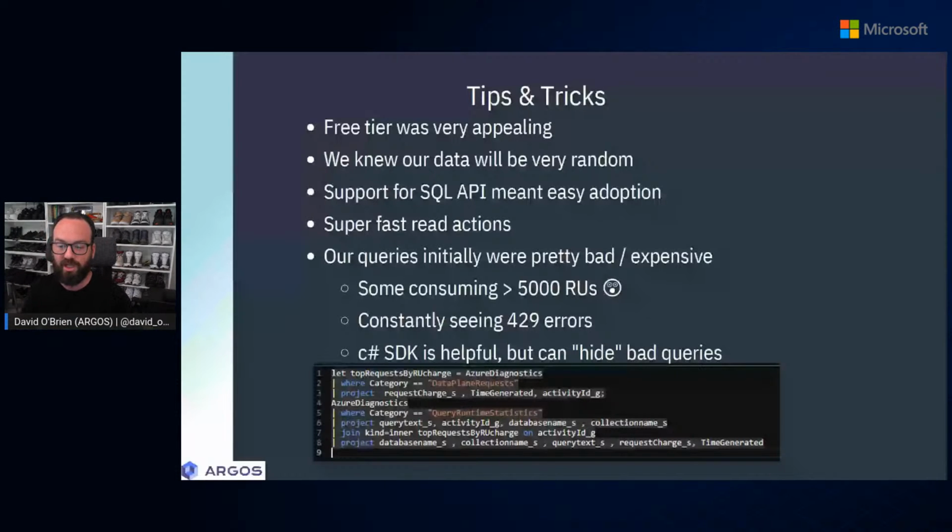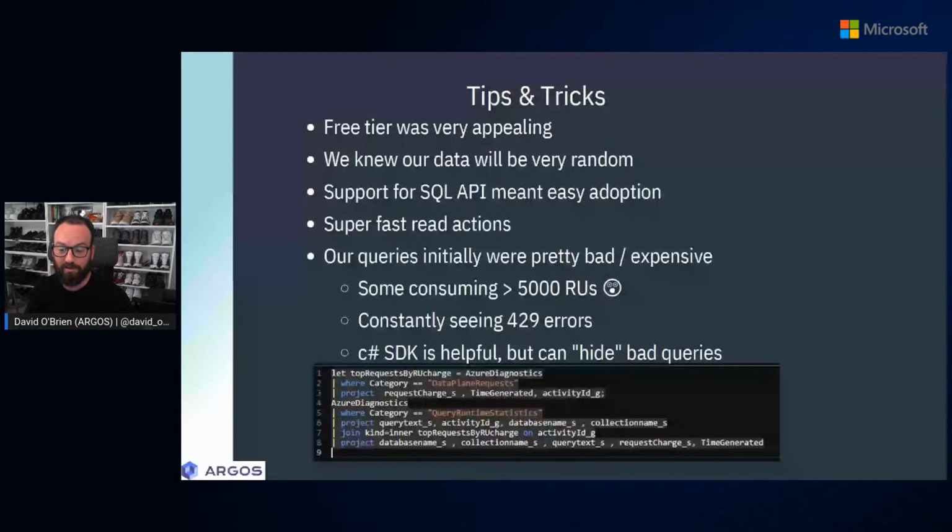As it turned out, the C# SDK that helped us build these Cosmos DB queries was really helpful, but it can also hide bad queries. Without going into it, because that could easily waste a week of workshop on query design, how you query and how you filter can make a massive difference in Cosmos DB.